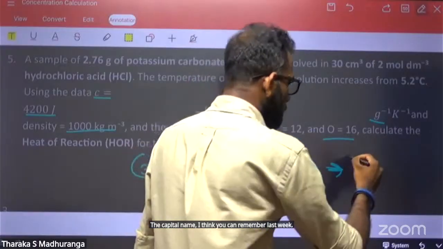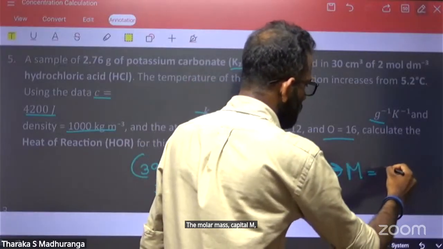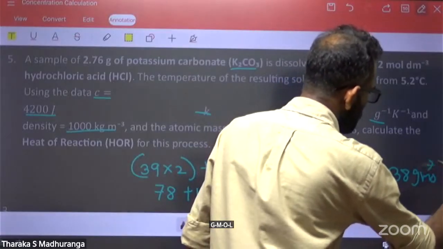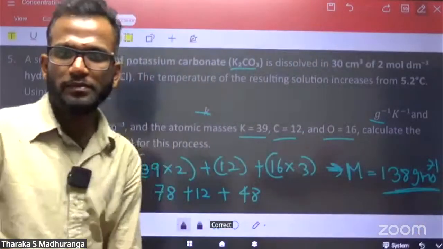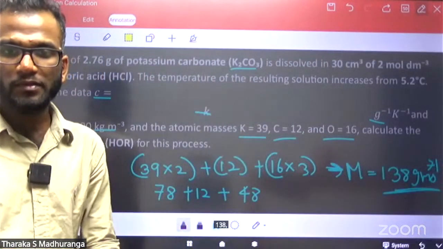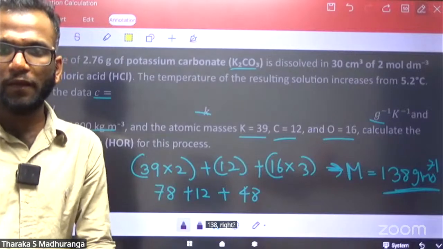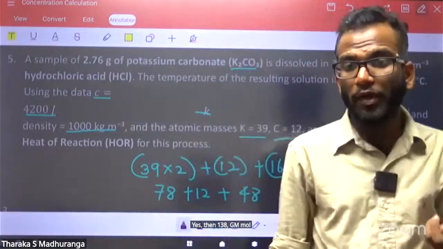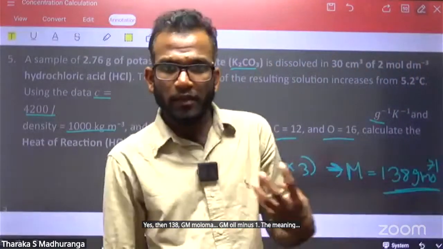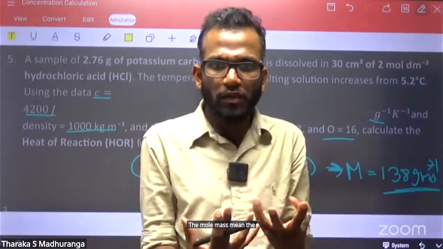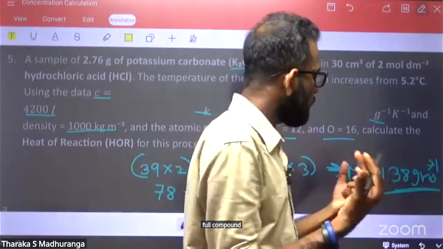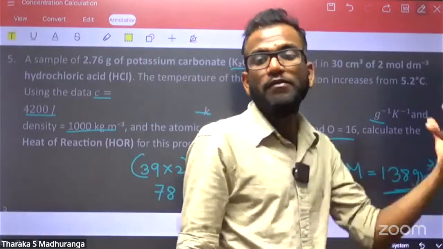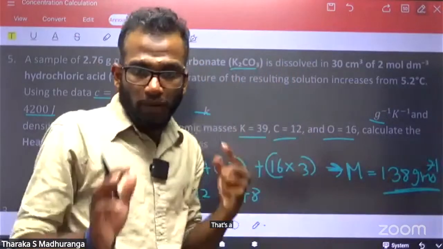The molar mass, capital M equal 138 g mol^-1. Correct? The molar mass means the full compound K2CO3, 138 gram per 1 mole. That's a mass of 1 mole.